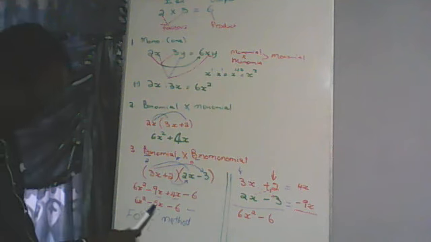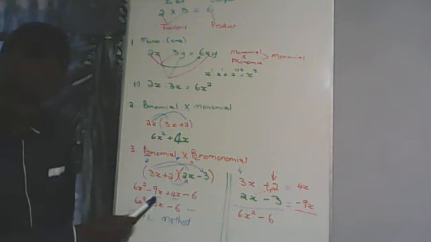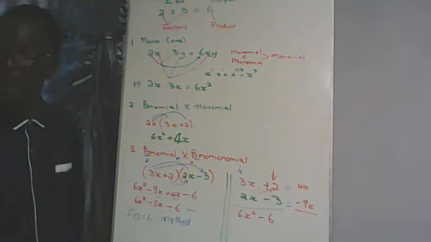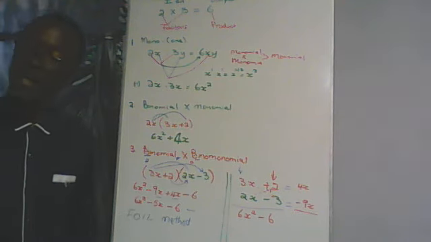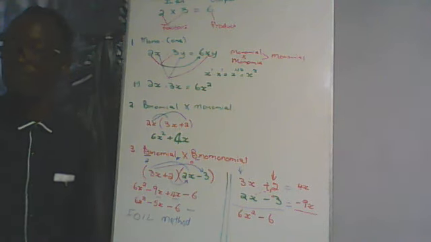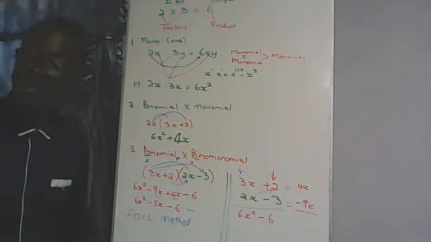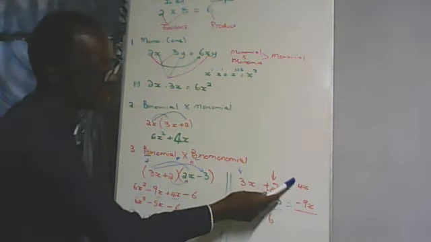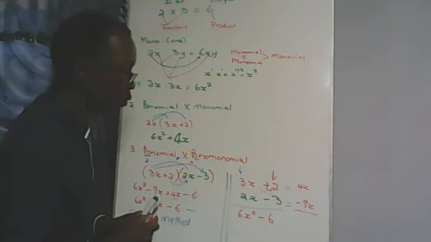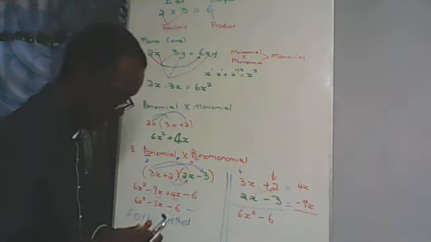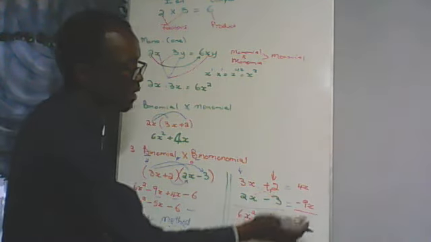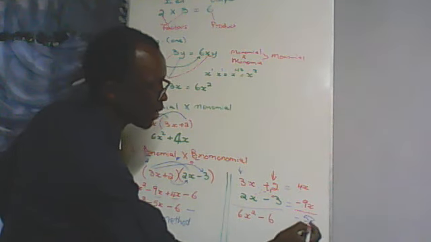Remember, when you have two unlike signs, you take the sign of the bigger digit, write it there, and then subtract. That is the policy. This is positive, negative. 9 is bigger than 4. Then we take a minus sign, and then we subtract the smaller from the bigger, then we get 5.